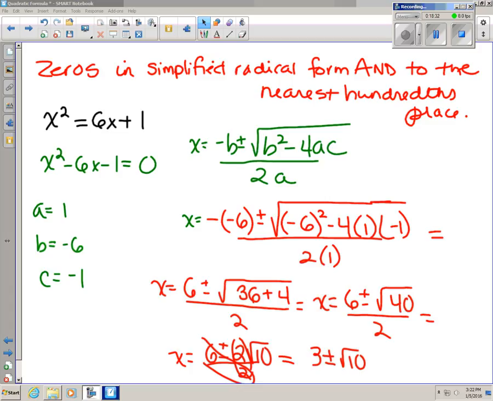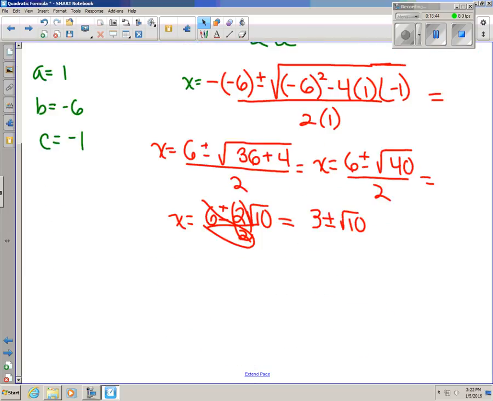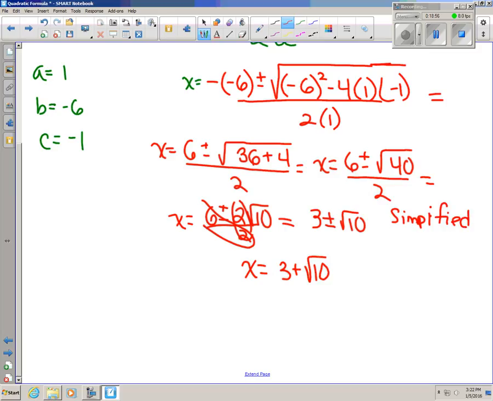In order to get this same answer rounded to the nearest hundredths place, you're going to have to put some of it in your calculator. So you're going to split it up. So x is equal to 3 plus a radical 10, simplified radical form.